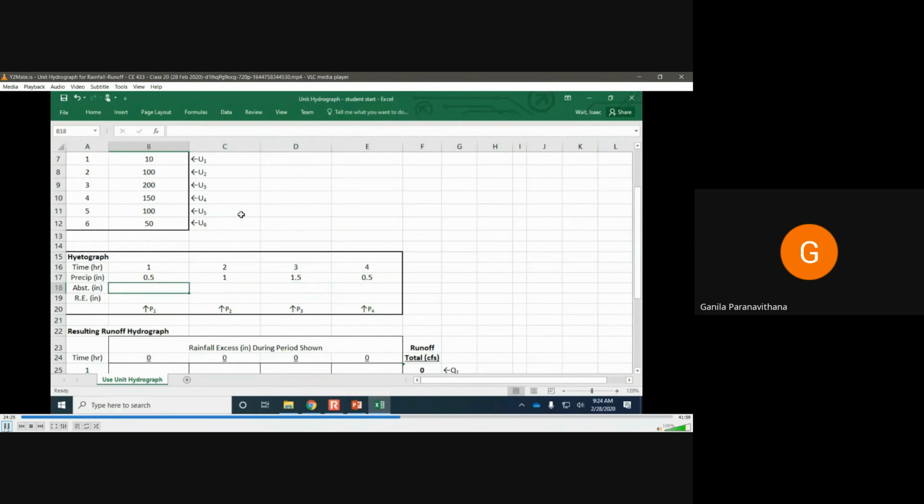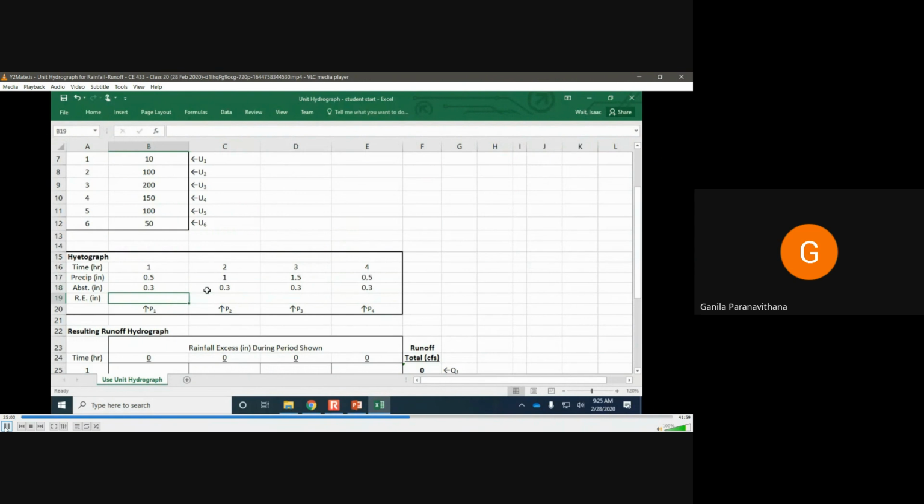And for this illustration, we're just assuming constant abstractions of 0.3, but in reality, if you were doing this a little bit more sophisticated, what you're trying to do is apply the Horton method or the Green-Ampt method and find out what is the declining rate of potential infiltration during each of these time periods. So you'd say, how much infiltration was there in hour 1 of the storm, in hour 2 of the storm. And you'd actually calculate the amount of abstractions rather than just using this placeholder constant value.